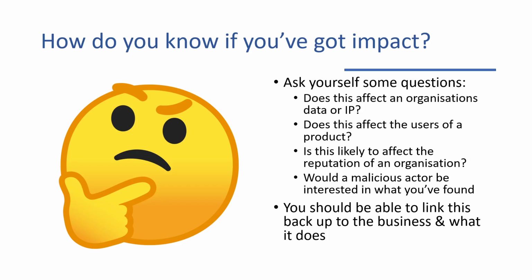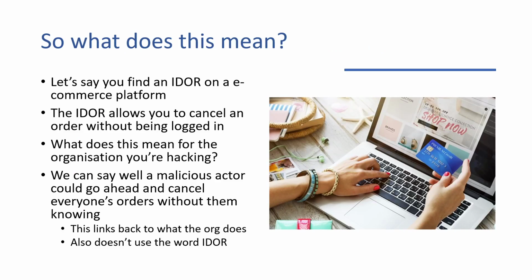And with all of this, you should be able to link this back up to what the business does and what it is, being able to really put it in the organization's point of view. What does that actually mean? So if we find an IDOR on an e-commerce platform, and it allows you to cancel an order without being logged in. So very standard IDOR.